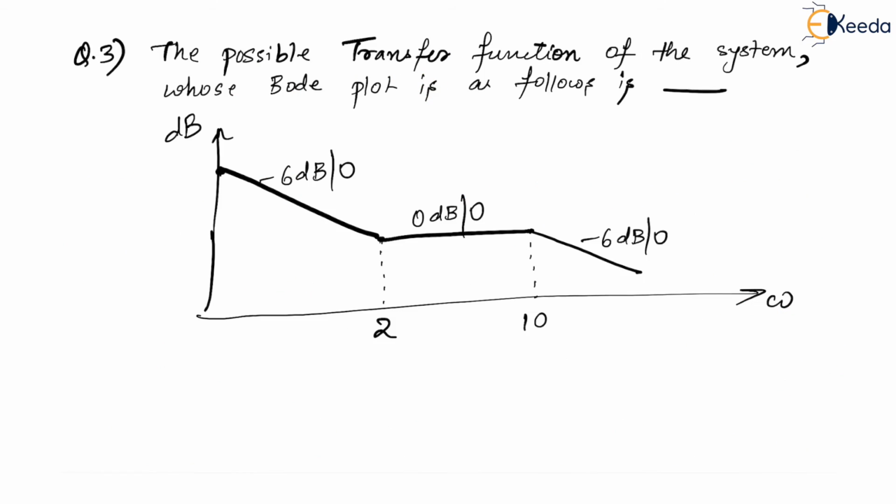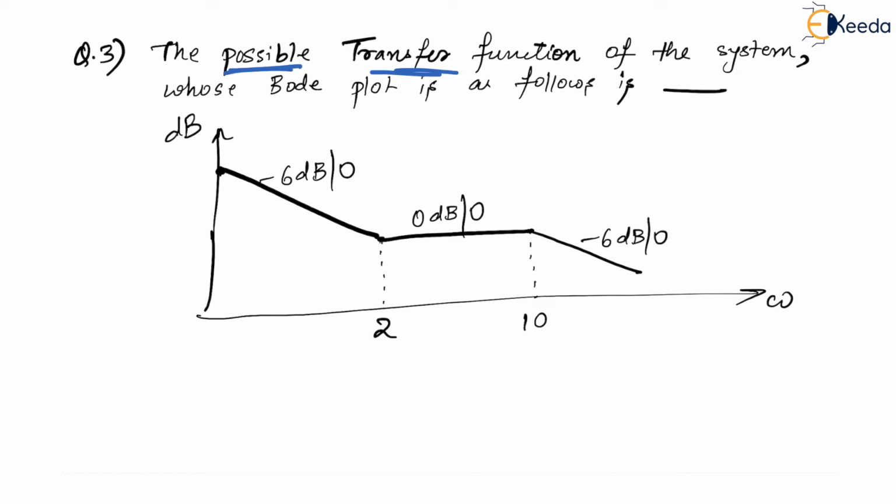Third question. The possible transfer function of the system whose Bode plot is shown is, this is the Bode plot. First of all, whatever they have given is in octave.